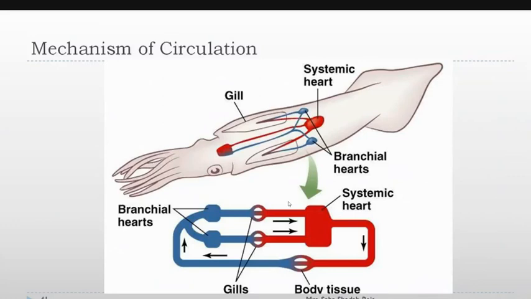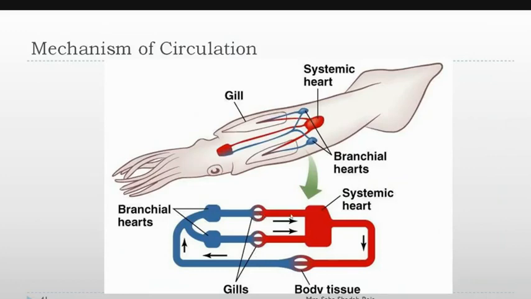So in the lamellae, again the gaseous exchange will happen, but here the gaseous exchange happens with the surrounding medium, that is the water. Now this fresh, newly oxygenated blood will be taken to the systemic heart. Here the speed will be slow because the ctenidia do not have any pump, right?